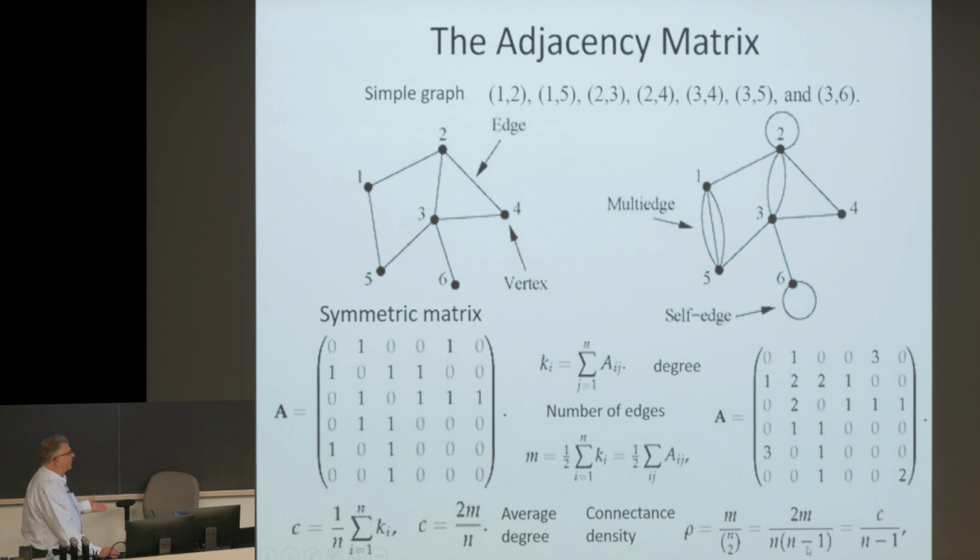So when n is large, obviously this value goes to infinity very quickly, and density goes to 0.